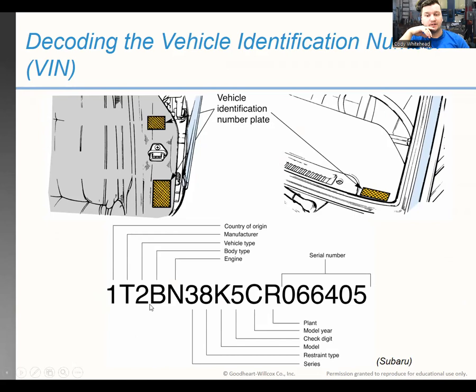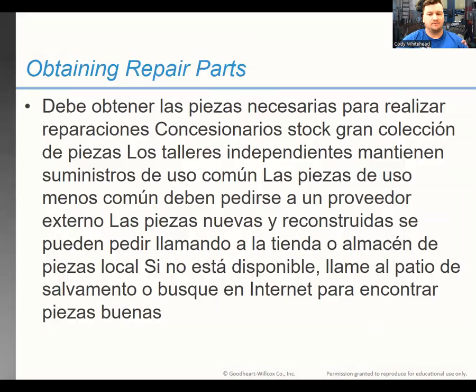The third one is your vehicle type. The body type is the fourth one. Fifth one is your engine, and so on and so forth. You have so many different things. You see what plant it was manufactured in, what year it was made, things like that. So VIN numbers have a lot of useful information. Just Google VIN decoder, and it will come up where you can type a VIN number, and it will tell you everything you need to know on that VIN.